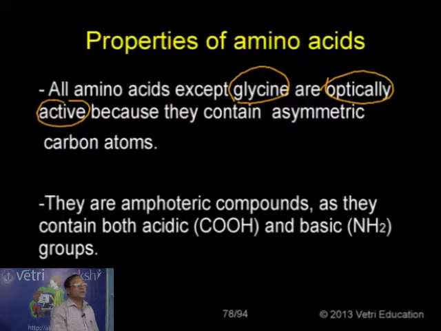Then the amino acids are considered as amphoteric compounds because they have an acidic group, namely the carboxyl group, and also an amino group, the basic group. Just because of the possession of these two groups, they behave like an acid and a base. Such compounds are called amphoteric compounds.